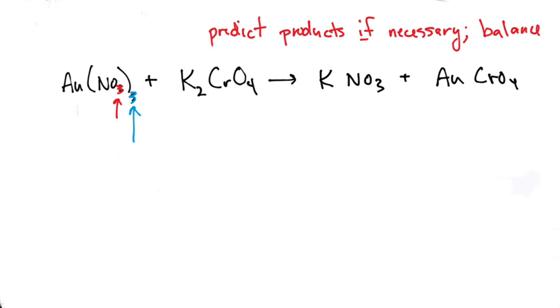So when I go across the chemical equation and find my nitrate again, should I be moving that blue 3 with it? No. Why not? It's not with gold. The only reason I had that blue 3 was to balance gold. It's not with gold, so don't bring the 3 across. And I don't know about you, but I think that's confusing. We're putting a number in the exact same location, the subscript to the lower right, and that number in the exact same location holds different meaning. That's kind of nasty.